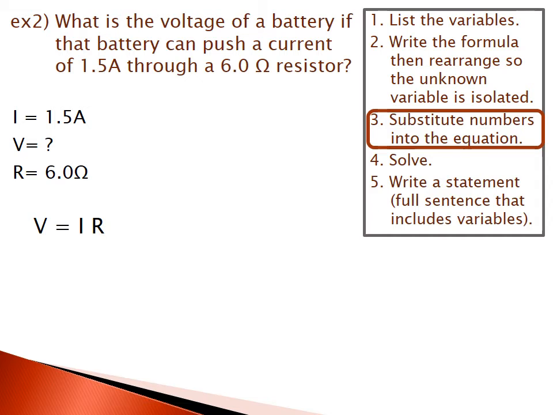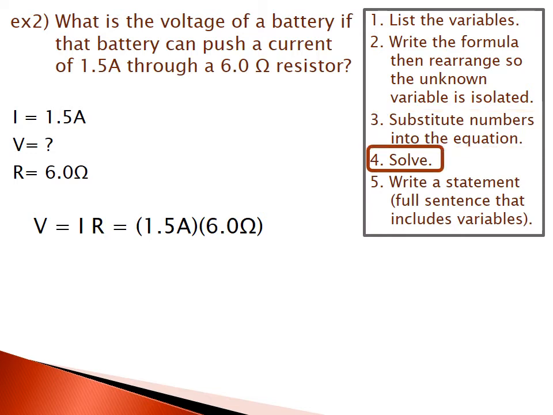V is equal to I multiplied by R. So I will substitute in 1.5 amps for I, 6.0 ohms for R. Now I will solve by punching the numbers into my calculator, and that will give me 9.0 volts.